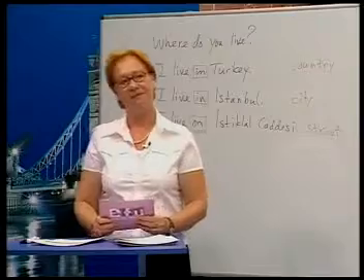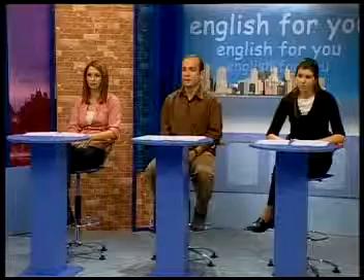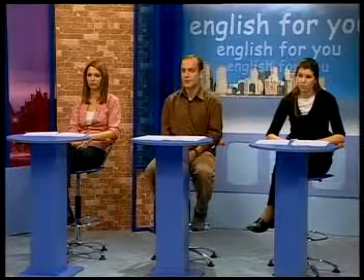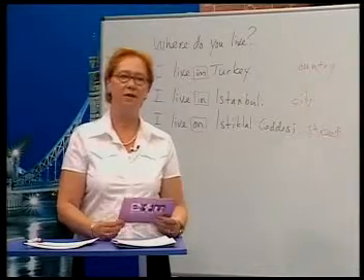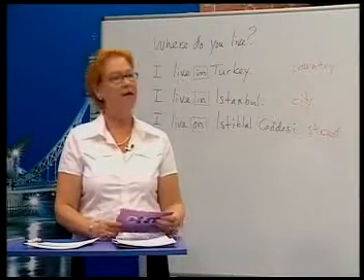Now, Ali, where does Tarkan live? He lives in Turkey. He lives in Istanbul. Isabel, where does Gérard Depardieu live? He lives in France. He lives in Paris. Lisa, where do Bill and Hillary Clinton live? They live in the US. They live in New York.